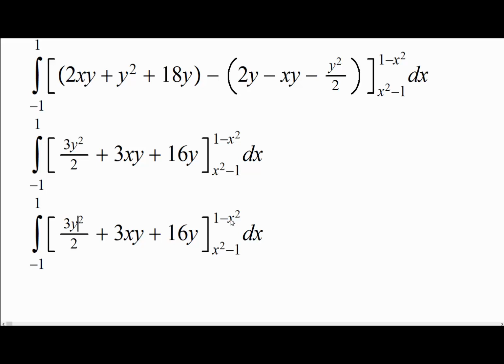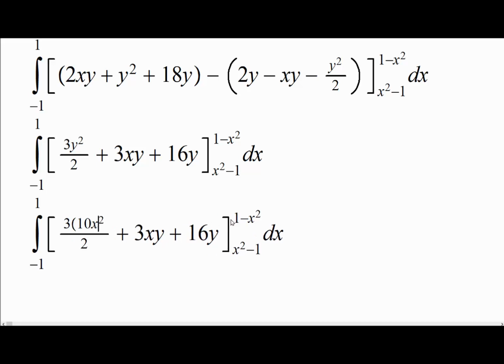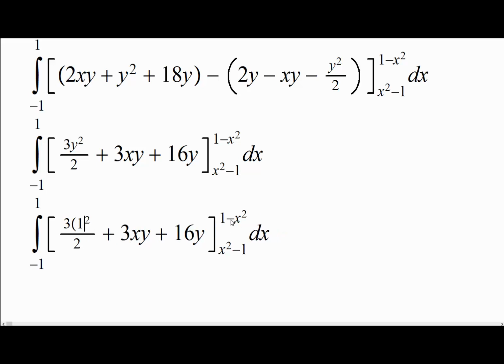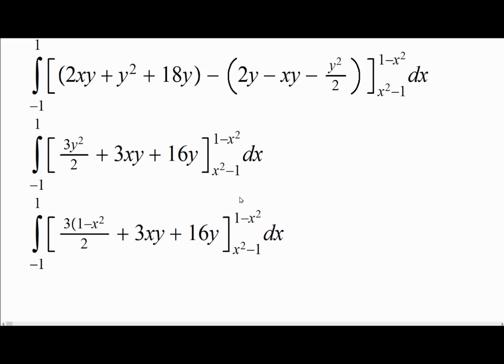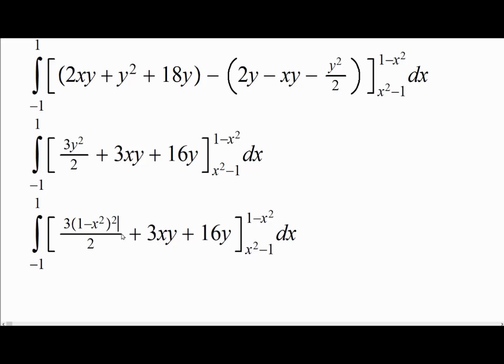Now we can go ahead and write the limits down. When we apply the upper limit, this will be 1 minus x squared quantity squared, because that's y squared, and then minus x squared minus 1 squared.